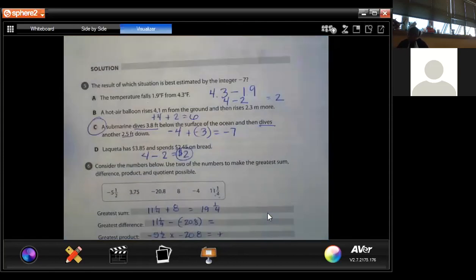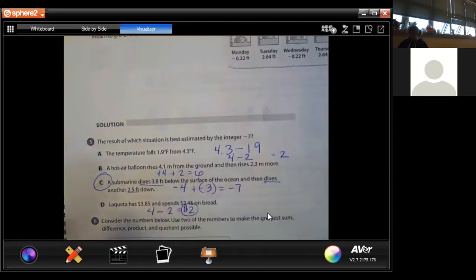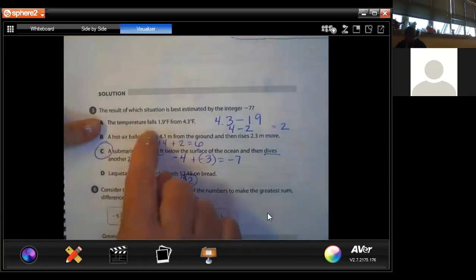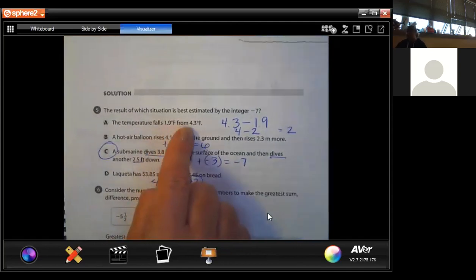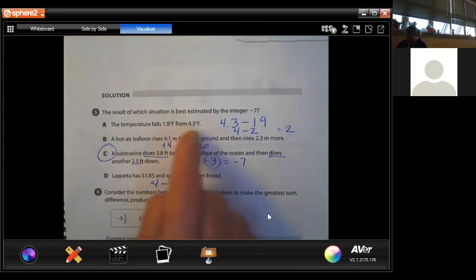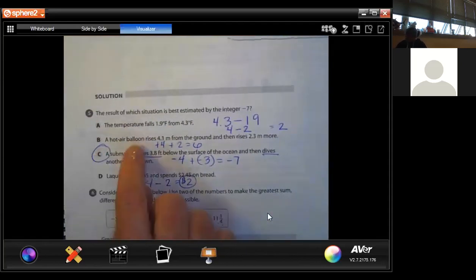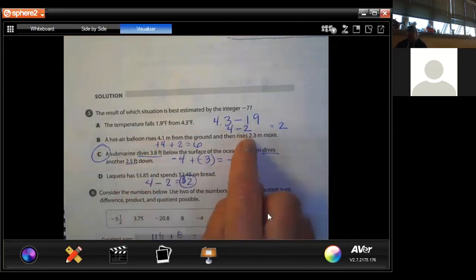Okay. Number 5. Which of these situations would give me an approximate estimated answer of negative 7? Well, this one says that the temperature falls about 2 degrees from 4 degrees. So 4 minus 2 is 2. B, the hot air balloon rises 4 1/10, so that's about 4. And then it rises 2 3/10 more, so that's 2 more.